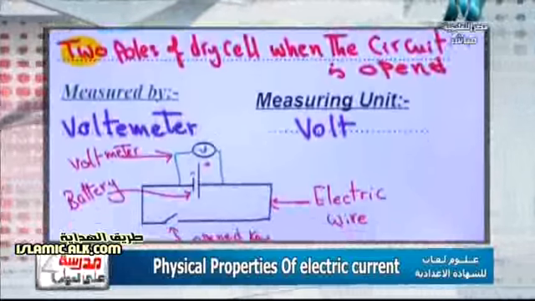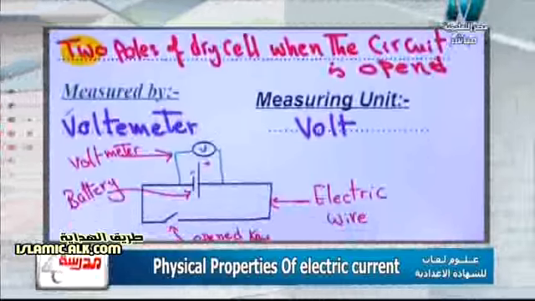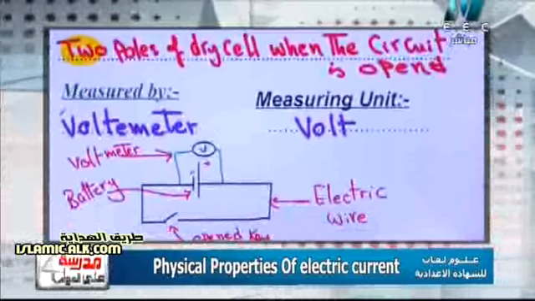As you see, dear students, today we talk about some main points in this lesson. We talked about the electric current, which means the flow of electric charge in a conductor. Then we talked about the electric current intensity, I, which means the quantity of electric charge passing through a conductor in 1 second.